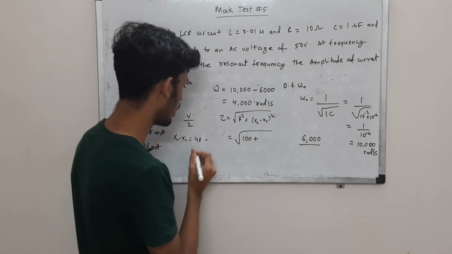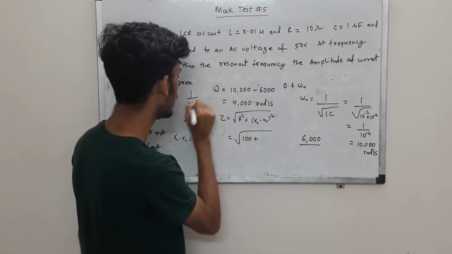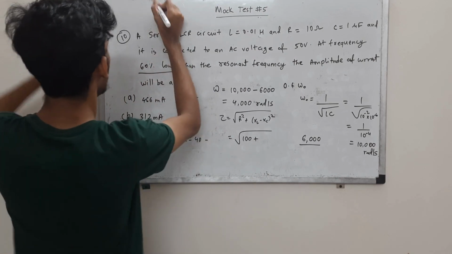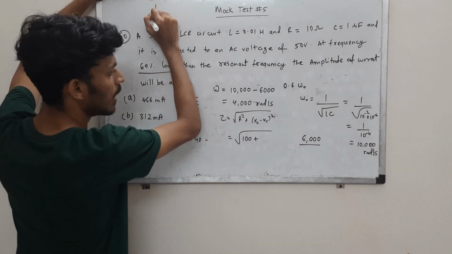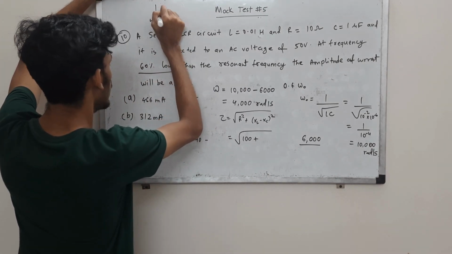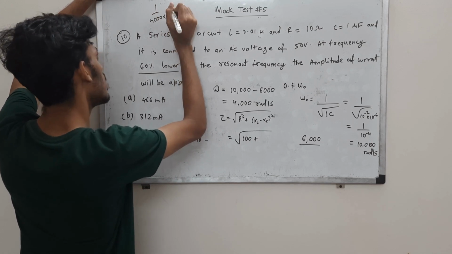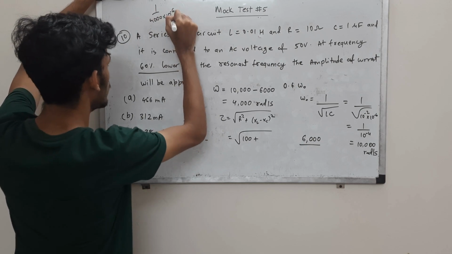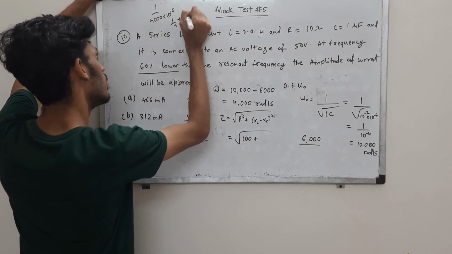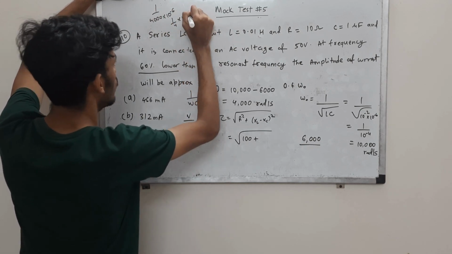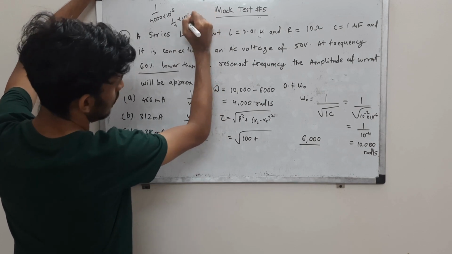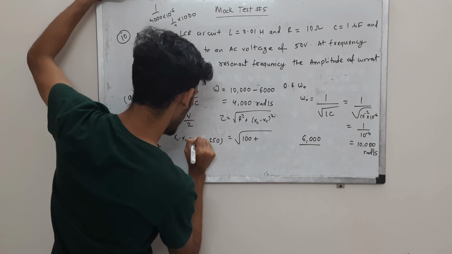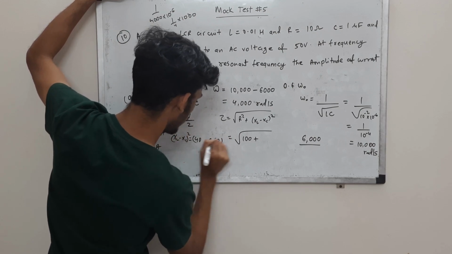Then XC will be 1 upon omega C, so omega is 4,000 and C is 10 to the power minus 6. Actually what we can do, we can take 3 zeros away, so 1/4 of 1,000, which is 250, right? So XC is 250.